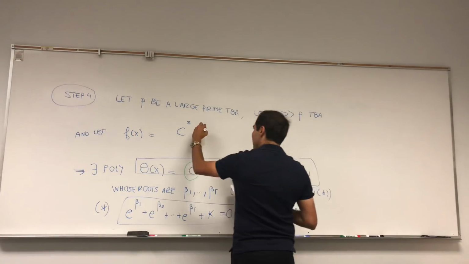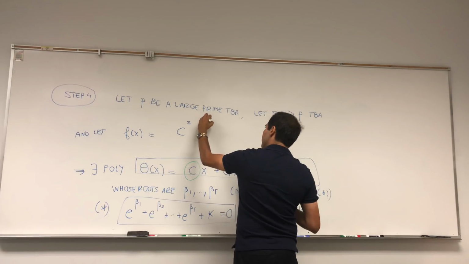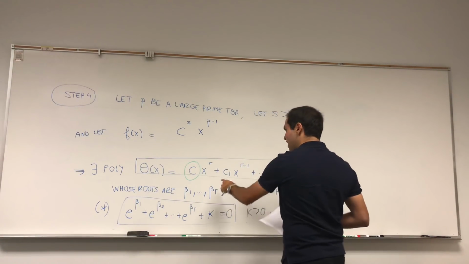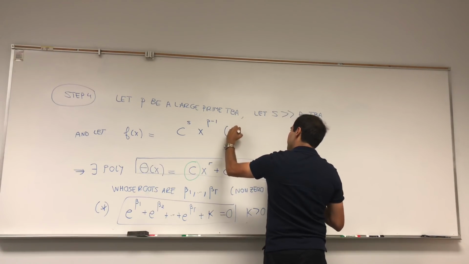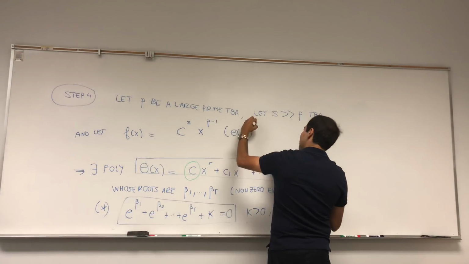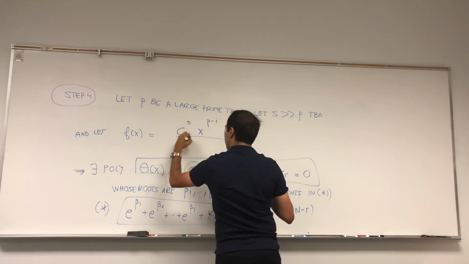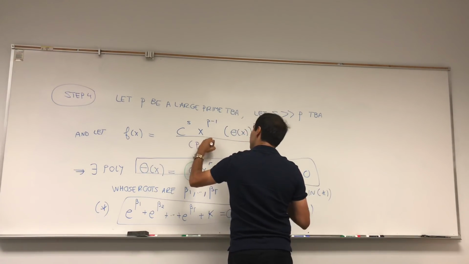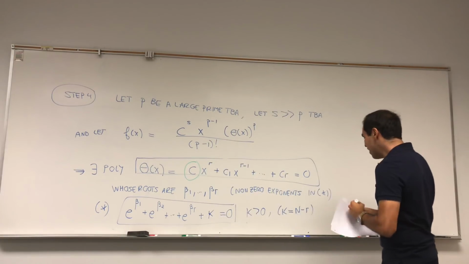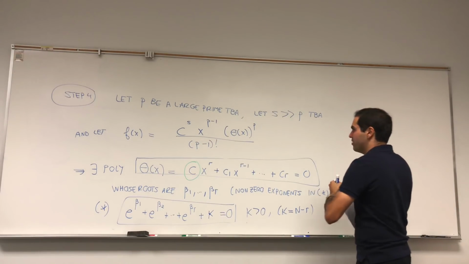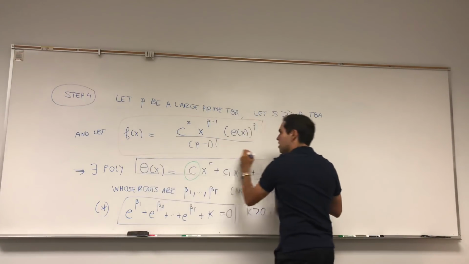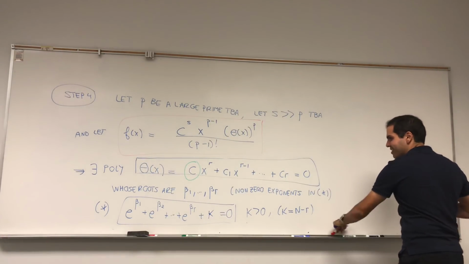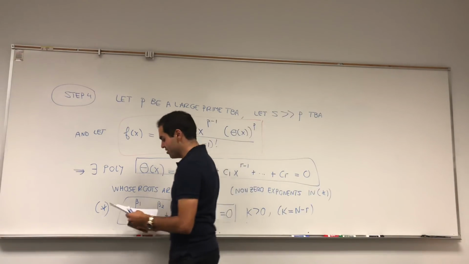Then x to the large prime, so p minus 1. And then we want to take this huge polynomial and make it even bigger, theta of x to the p. And we want to divide this, just as in the other video, by p minus 1 factorial. Okay, so let me erase the other parts.